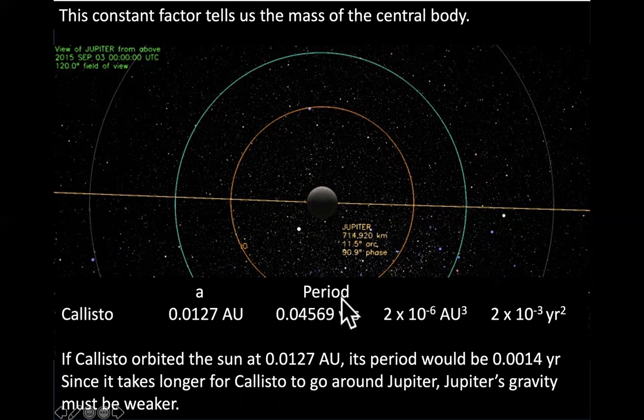The thing is, this period, even though it's short, it's much longer than what the period would be if period squared equaled a cubed. If you had something with this semi-major axis orbiting the sun, the period would have been 0.0014 years. It would be much shorter.